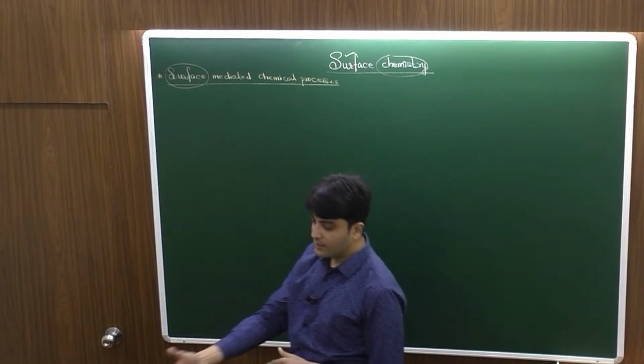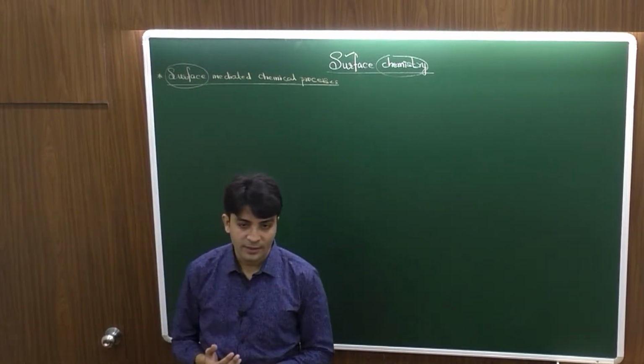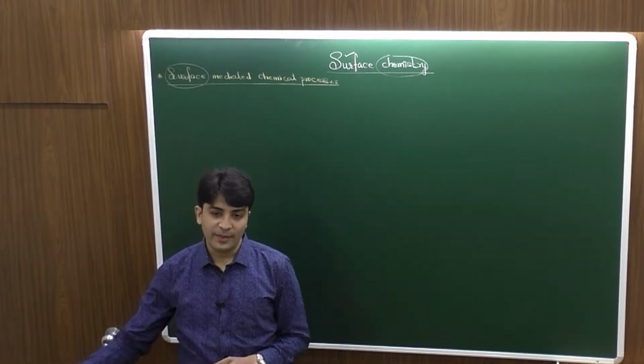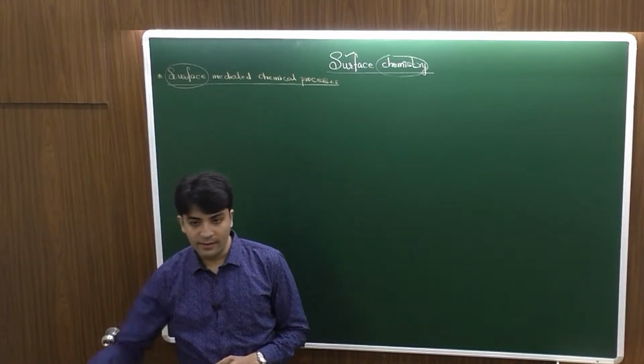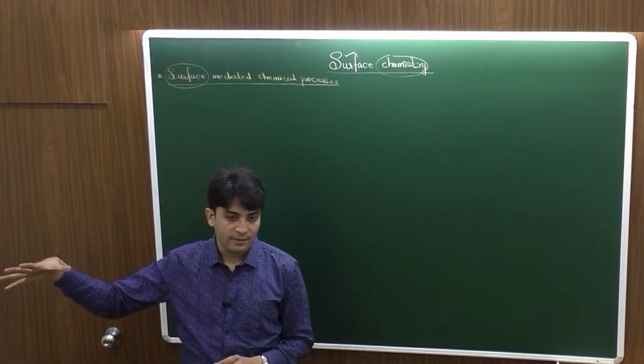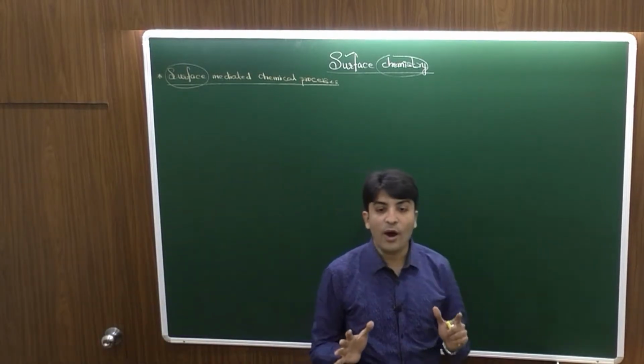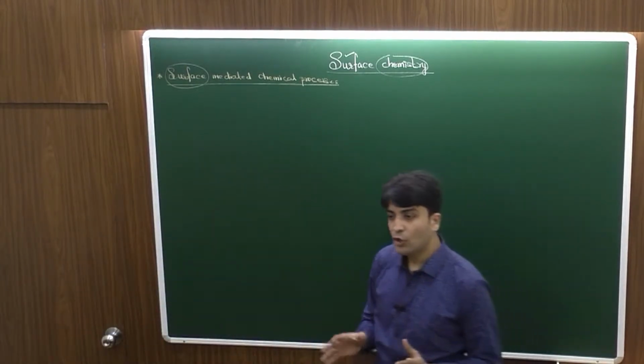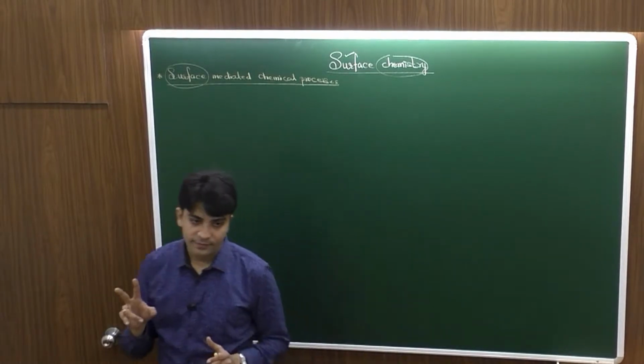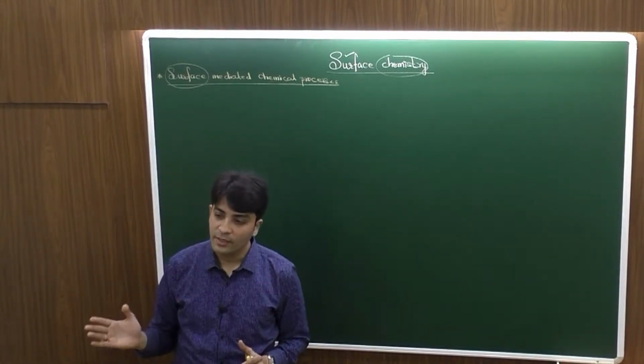Correct? If I say this surface of the bench, this surface is being separated by the wooden part and the air. Correct? So, in general, a surface is a boundary between two bulk phases, which can be solid, liquid or gas.